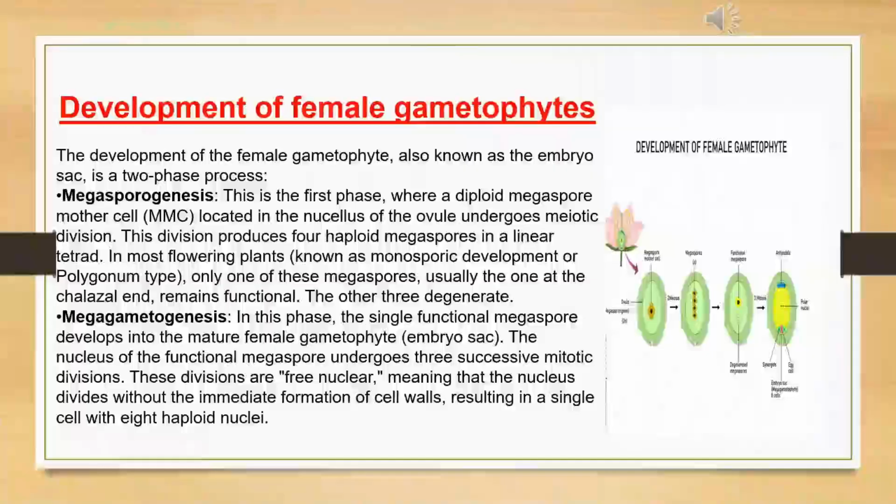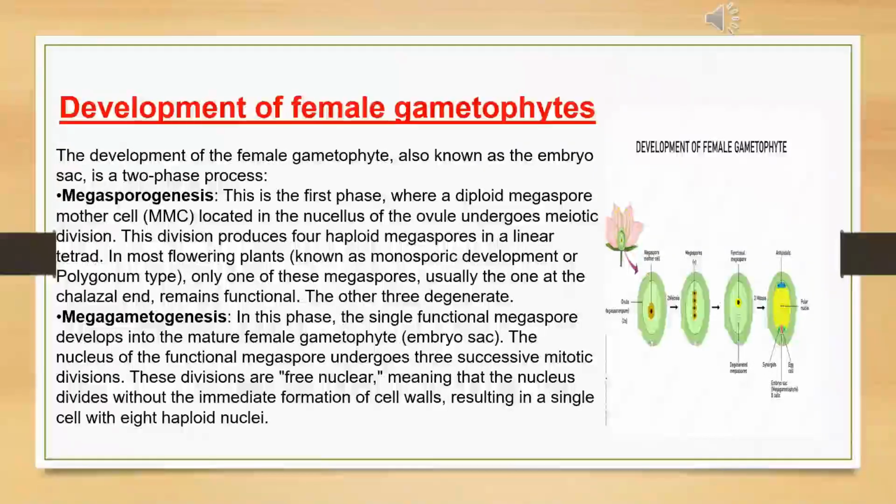The development of female gametophyte, also known as the embryo sac, is a two-phase process. The first phase is megasporogenesis and the second is megagametogenesis.